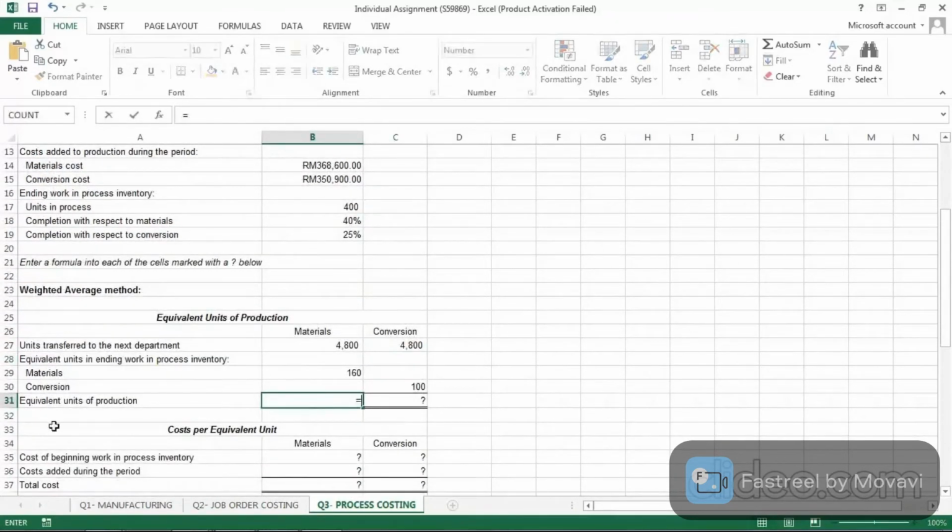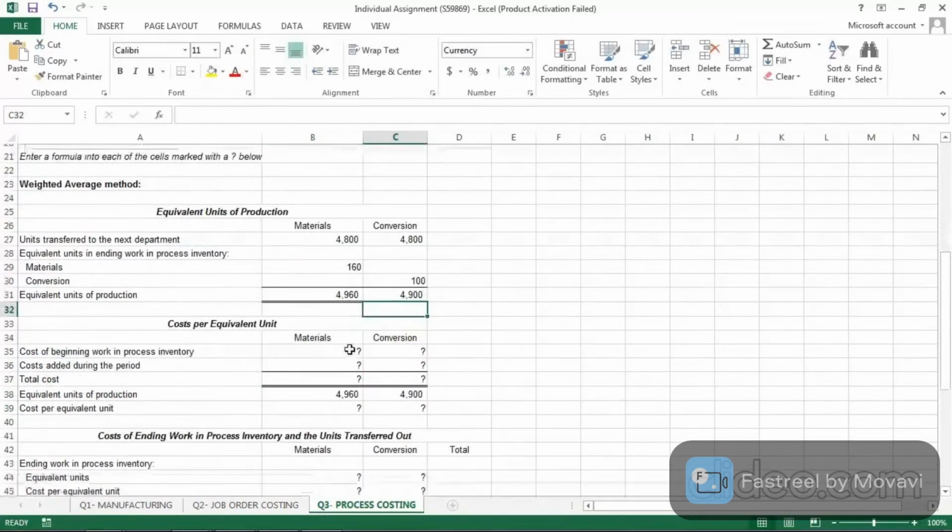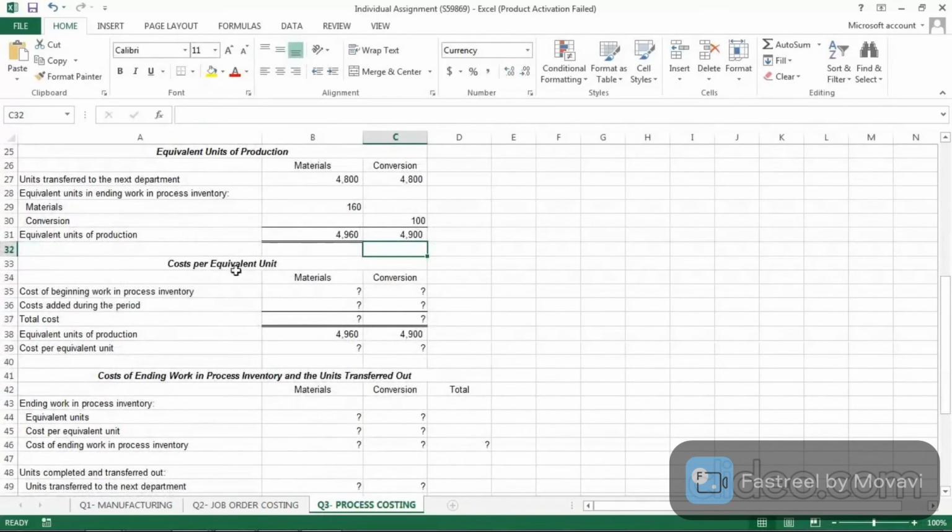So here, to get the total equivalent units of production, 4,800 plus 116, and here 4,800 plus 100. Cost per equivalent units.